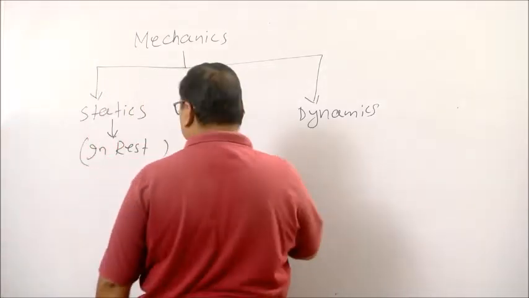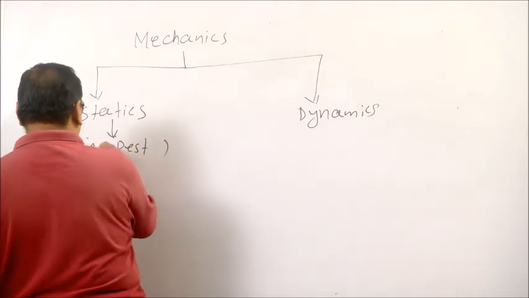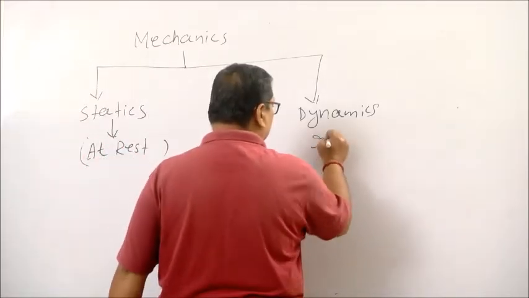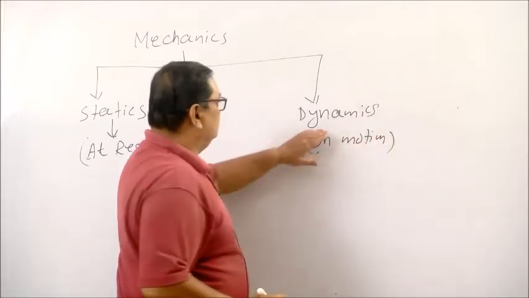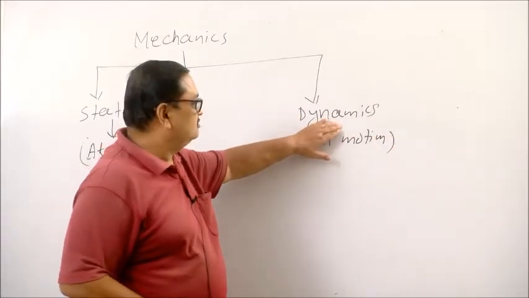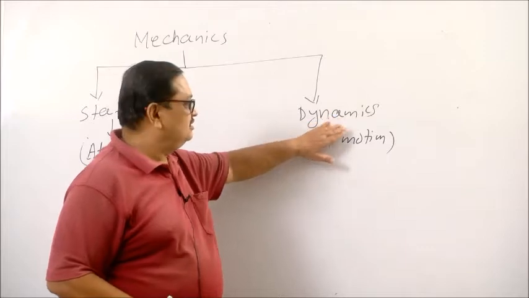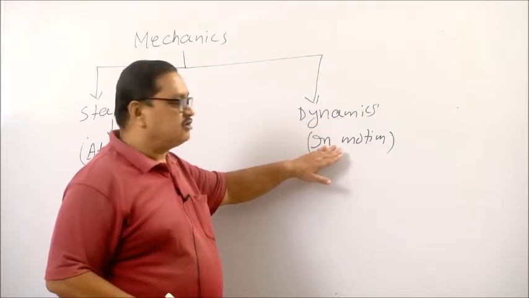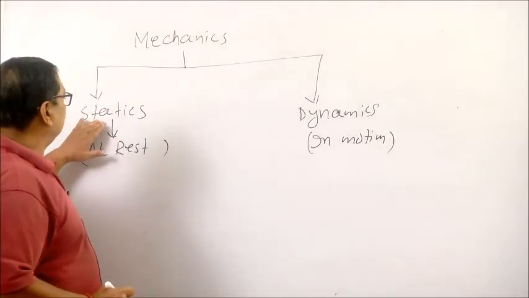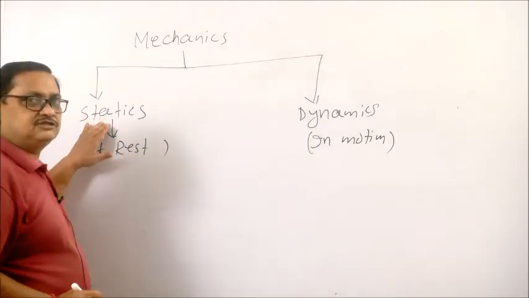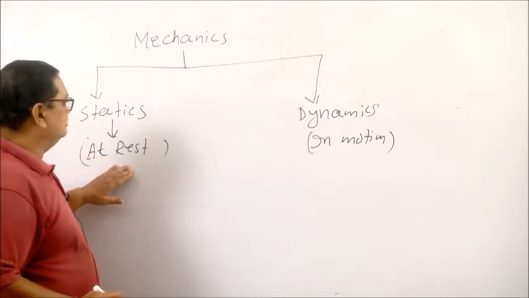If the body is in motion, that is known as dynamics. So, dynamics is also branch of mechanics which deals with study of a body in motion, and statics, it is also branch of mechanics which deals with study of a body at rest.